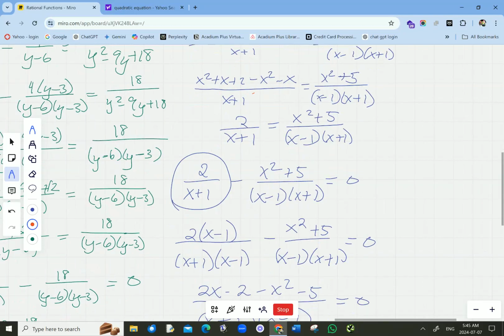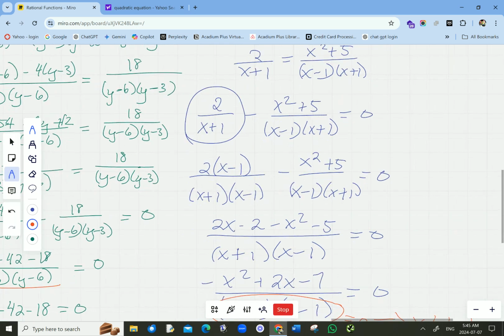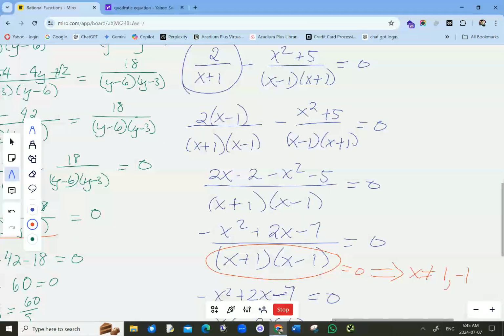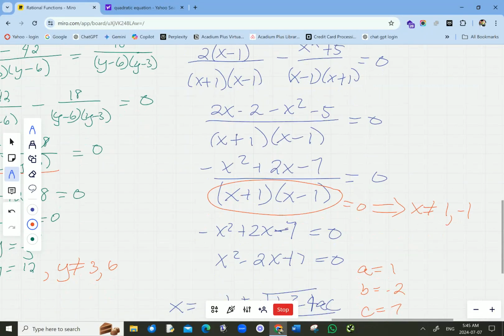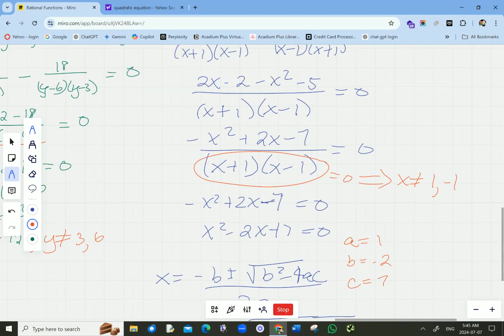And then what we chose to do is move everything over to the left-hand side, and then again put everything over a common denominator, which we did. Then we simplified the numerator, and we ended up with negative x squared plus 2x minus 7 over x plus 1 times x minus 1 equaling 0, which means our numerator has to equal 0.